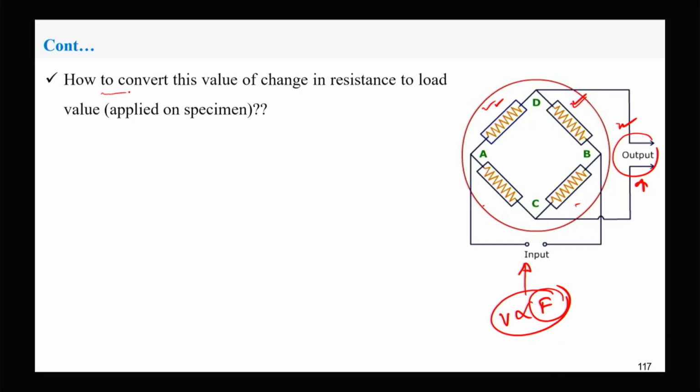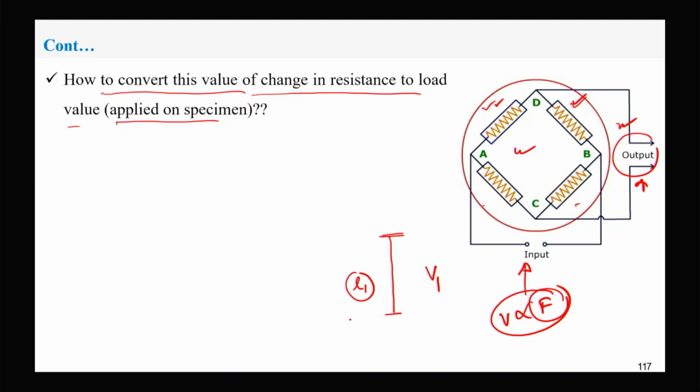So how do we convert this value of change in resistance to the load applied on the specimen? Suppose we apply a certain load L1, and using this Wheatstone bridge we get a certain voltage V1.